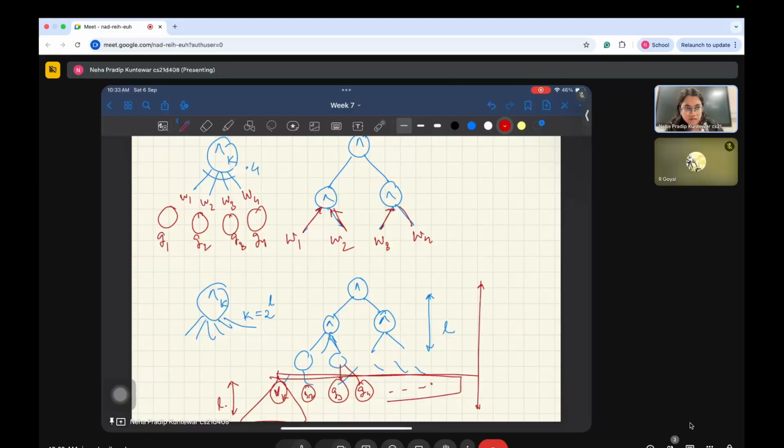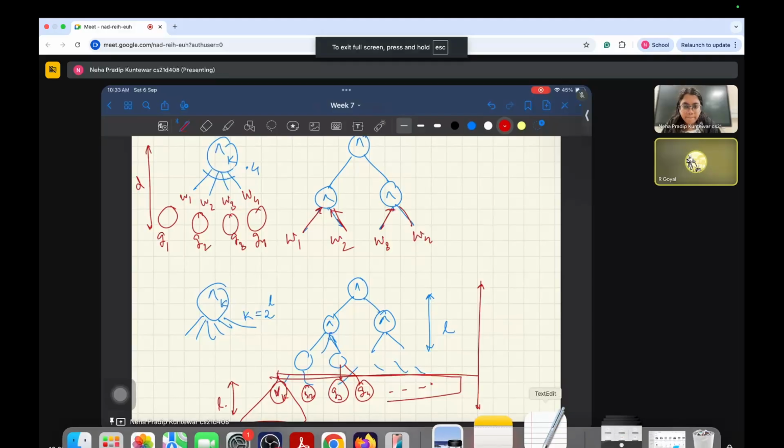If initially it was d, then it becomes what? It becomes not 2d but d plus 1, d plus 2.